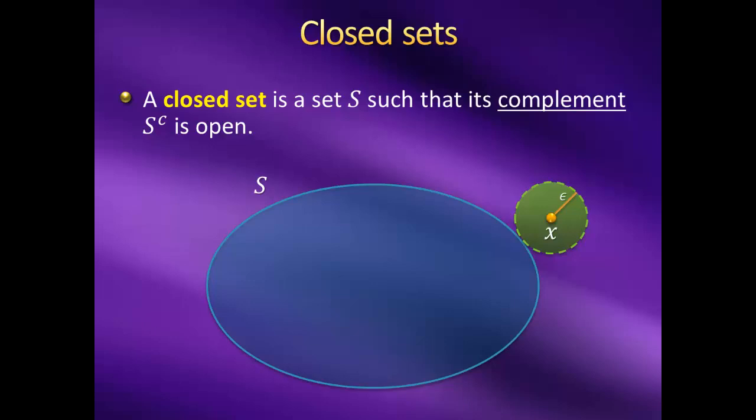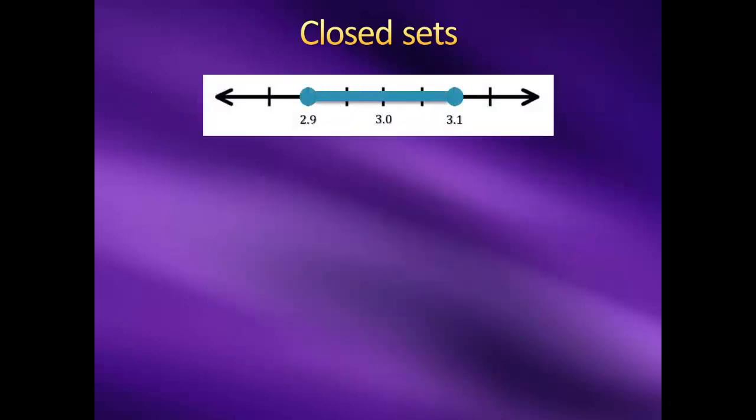So take a look at our closed interval from 2.9 to 3.1. Now it's including both endpoints. What would the complement of that interval be? Well, let's break it down. What we mean when we say that x is between 2.9 and 3.1 inclusive is that x is greater than or equal to 2.9 and x is less than or equal to 3.1.